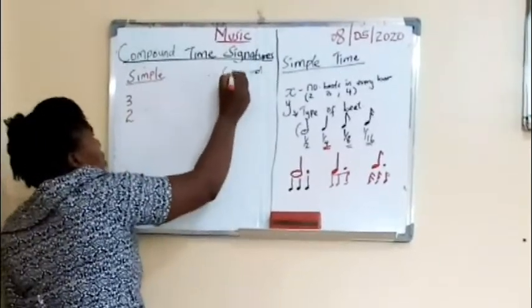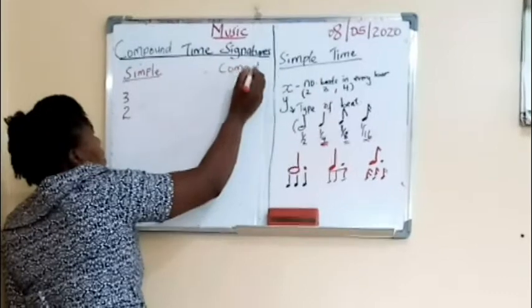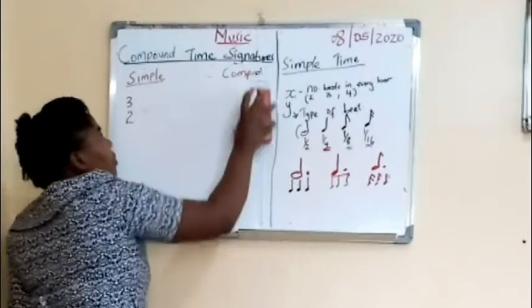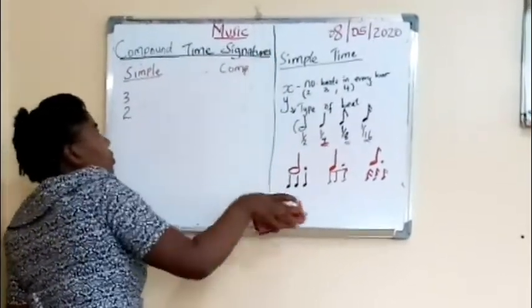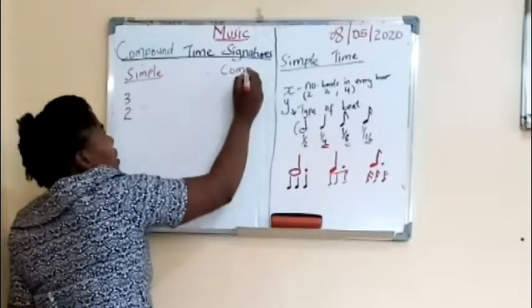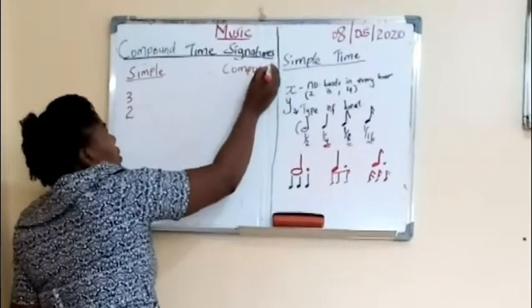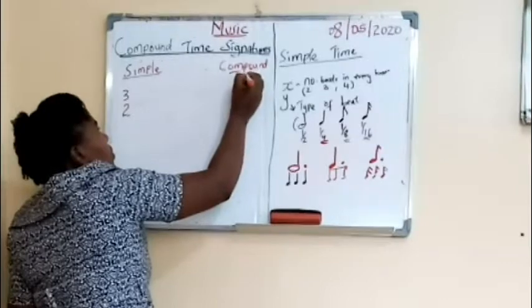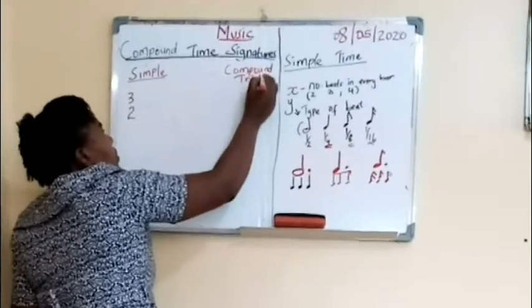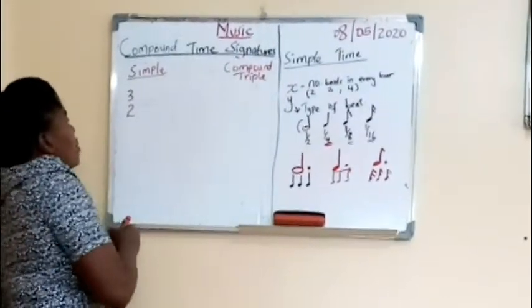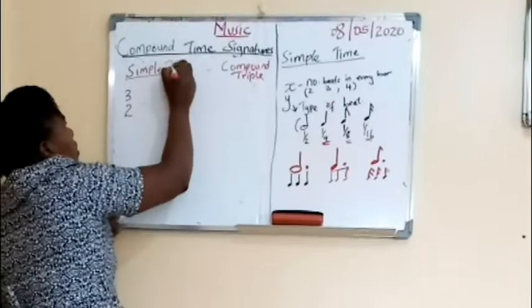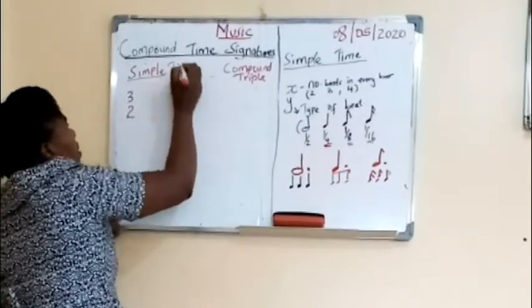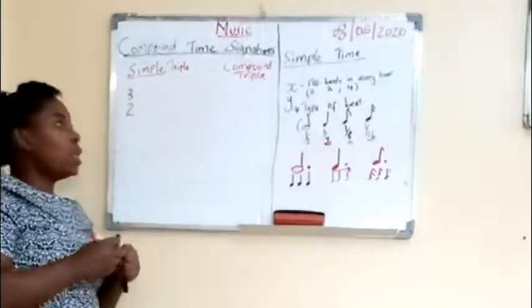So in compound triple, you change simple triple time to compound triple time.